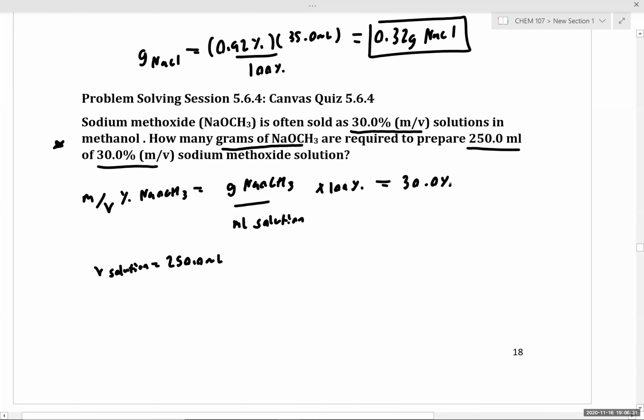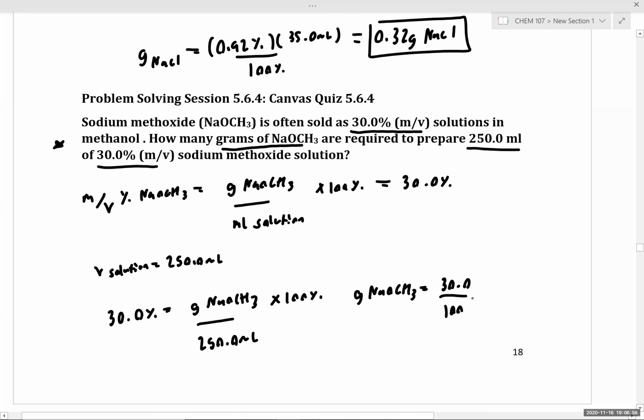As a result then, from these pieces of information, we know that we can solve for the mass of sodium methoxide. So our grams of sodium methoxide over our milliliters of solution times 100%, and we know that our grams of methoxide are equal to 30.0 over 100% times 250.0 milliliters.